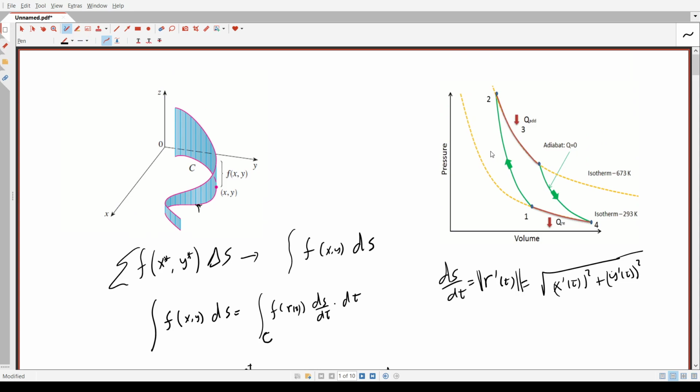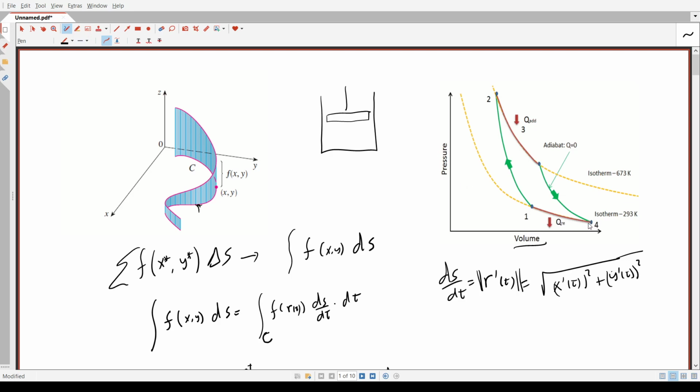Imagine you have some sort of pump, like a piston or something, right? And you can push this down, and if you push it down, the volume goes down and the pressure goes up. Okay, so you have this kind of diagram of what the volume is, what the pressure is, and how that affects the temperature.